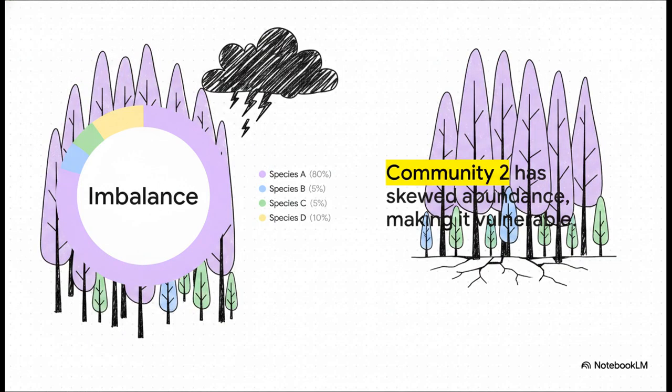Now, compare that to a second forest, Community 2. This forest also has exactly 100 trees, and it also has 4 species. So its species richness is exactly the same as the first forest, but it has a heavily skewed relative abundance. Here, species A makes up a massive 80% of the entire forest.